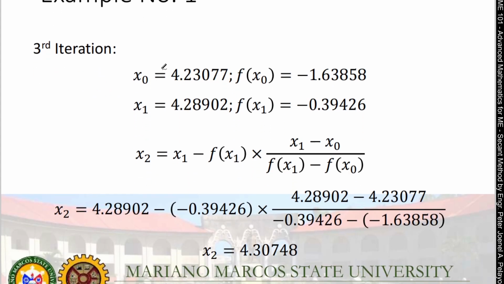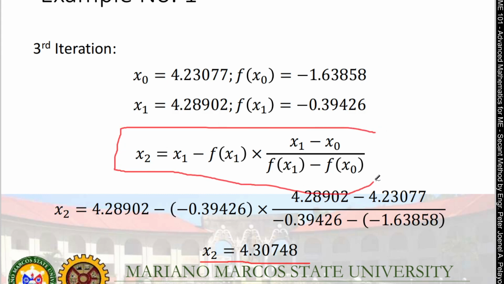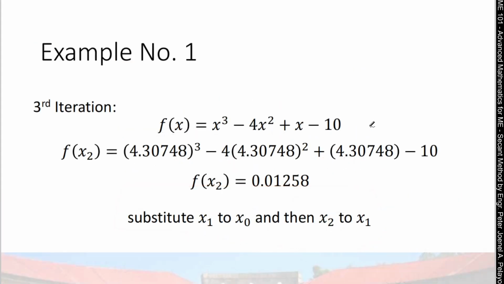Third iteration, new values in x0 and x1. X2, makukuha natin is 4.3748 from the formula. So, substitute lang natin per x.